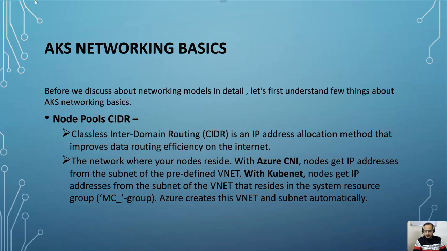And with Kubenet also, nodes get an IP address from the virtual network created by Microsoft. We will see this node pool CIDR in coming slides in a more accurate way, so it will be easy to understand.